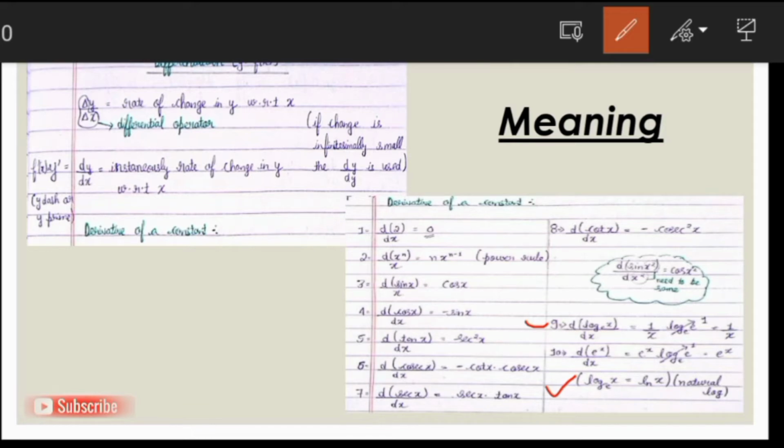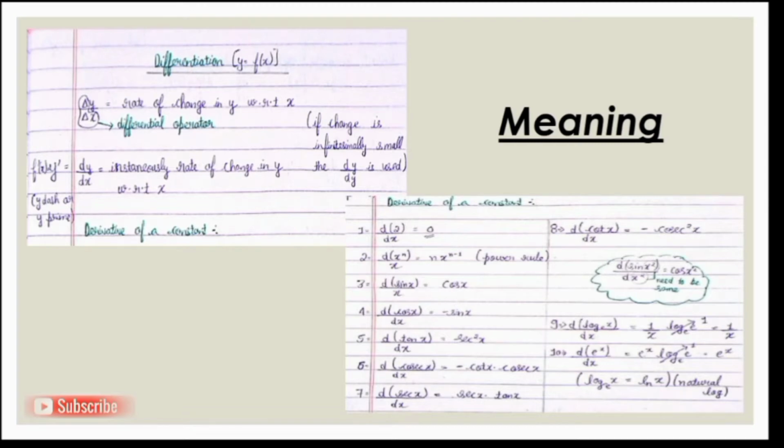We'll see log x and e to the power x, where e is Euler's constant. Its value is 2.71. The differentiation of log x is 1 upon x times log e to the base e. Log e to the base e evaluates to 1, so the answer is 1 upon x. We'll do the same thing with e to the power x.